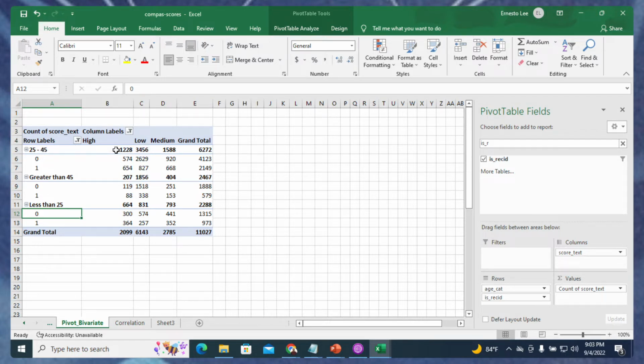For instance, between 25 and 45, the algorithm predicted that 1,228 people would commit another crime if they were released. But in reality, only 654 of those 1,228 people actually committed a crime.